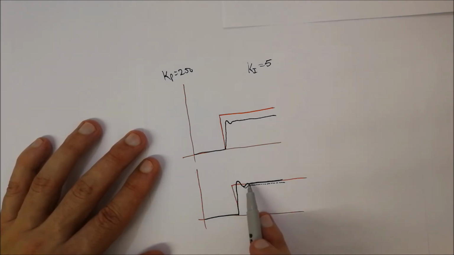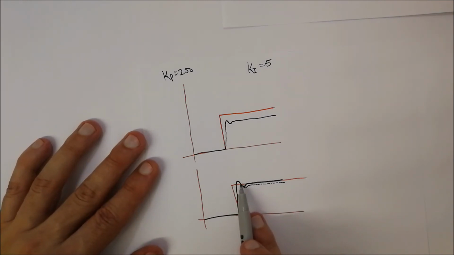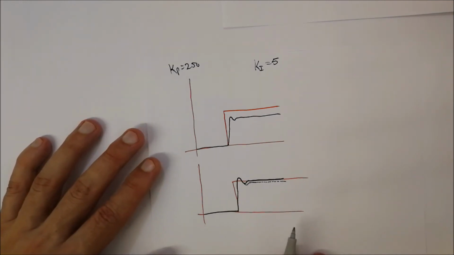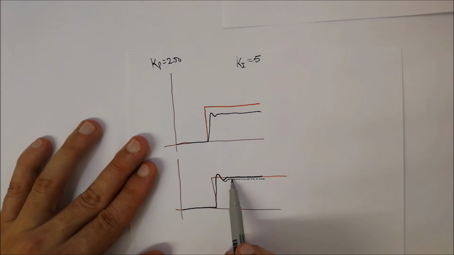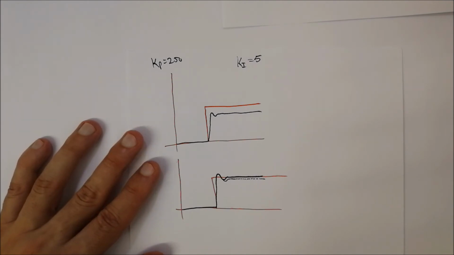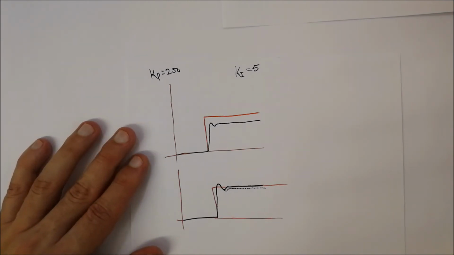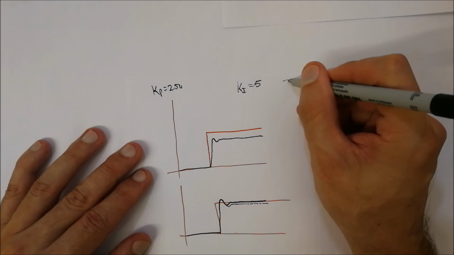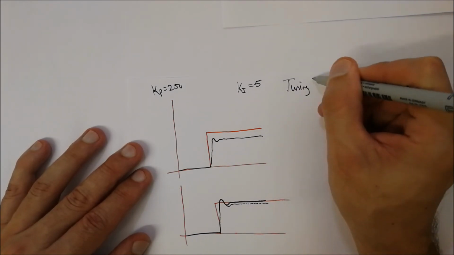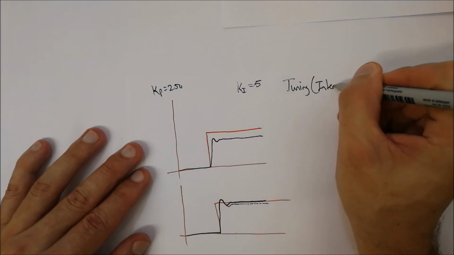Don't worry about the overshooting happening over here, we will get to that later. But essentially for now, you want to make sure that this final output is equal to the set point value that you've got. And test it for different values of your set point. Okay, so that is for our tuning for the integral part of things.